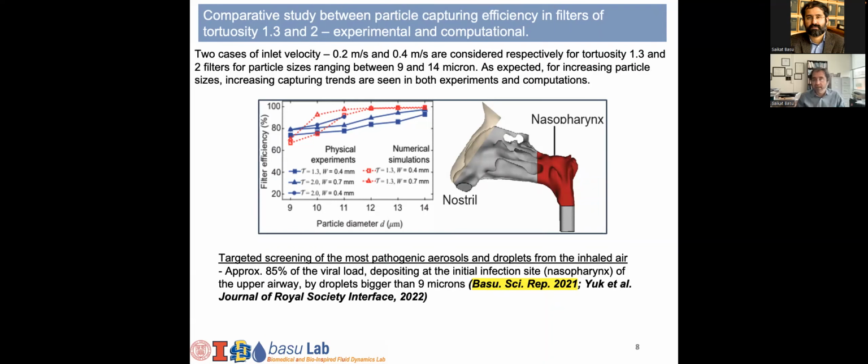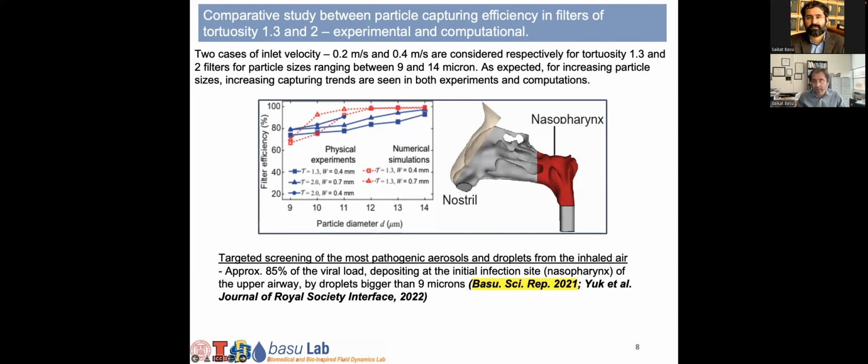In fact, 85% of the infection triggering load is found to be embedded in particles that are bigger than 9 microns. And these results are obtained in context of which droplets and aerosols are more effective at reaching the nasopharynx, which is the initial infection hotspot for respiratory viruses. The nasopharynx is marked in red in the visual on the right.